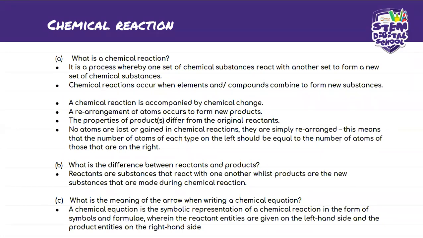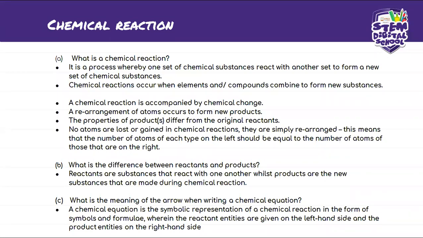What is the difference between reactants and products? Reactants are substances that react with one another, while products are the new substances that are made during a chemical reaction. What is the meaning of the arrow when writing a chemical equation?